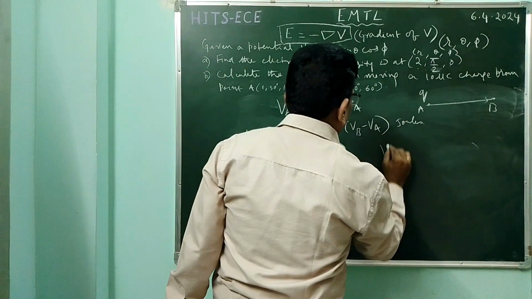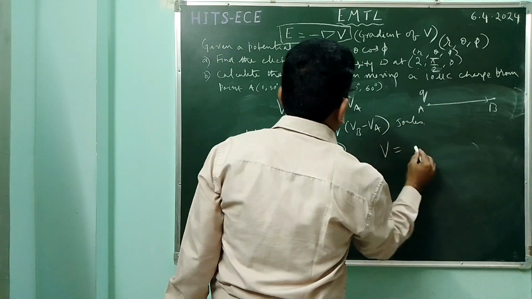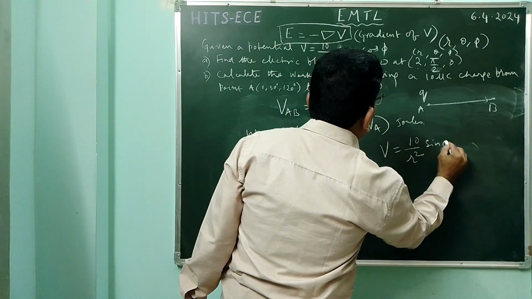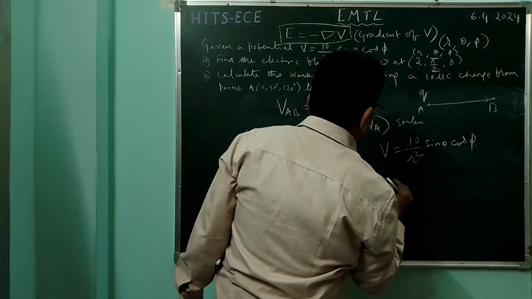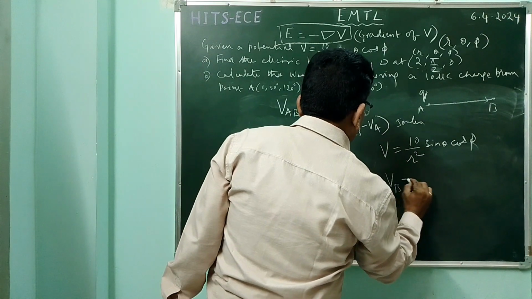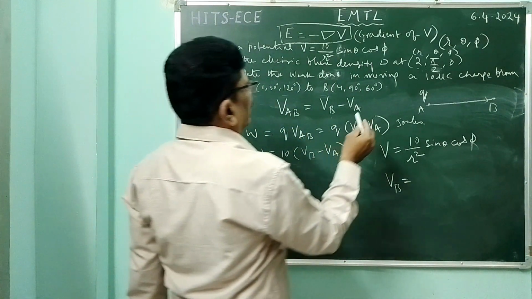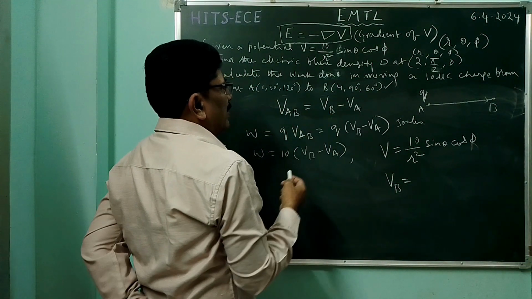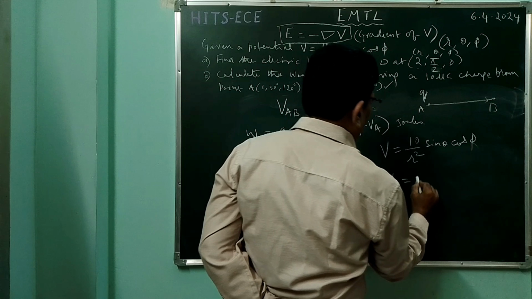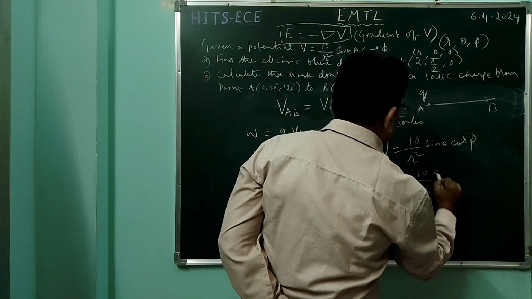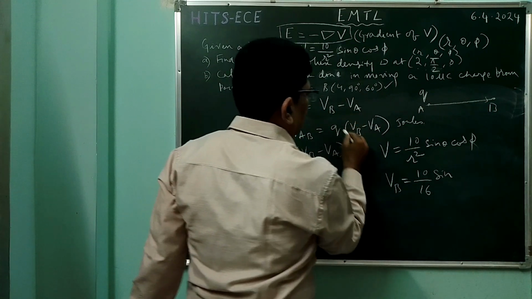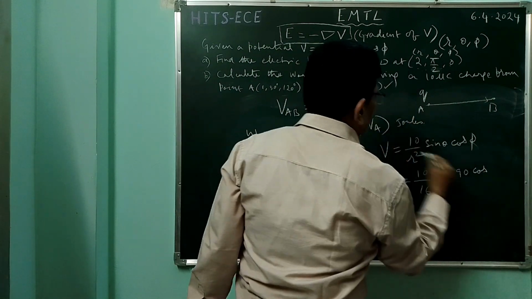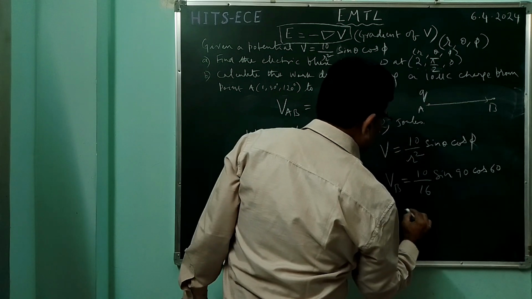From the given expression, V is equal to 10 by r squared sin θ cos φ. So V_B, you have to substitute these spherical coordinates: r is equal to 4, so 10 by 16, sin θ with θ 90, and cos 60.